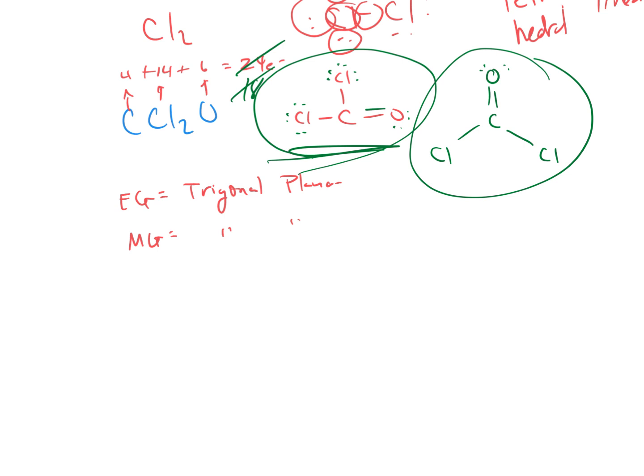Does everybody follow? Because there's 3 bonds, right? And no lone pairs. So sometimes we look at something and it's like, oh, that looks a little icky. But if we know how to do the Lewis structure, it really isn't too bad.